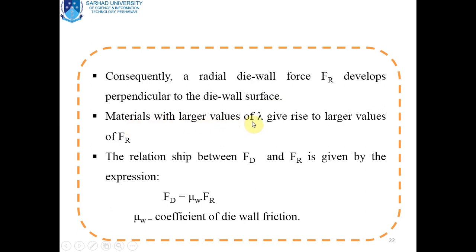Materials with a larger value of lambda give rise to large values of FR. The relationship between FD and FR is given by the expression FD is equal to mu W multiplied by FR, where mu W is the coefficient of die wall friction.